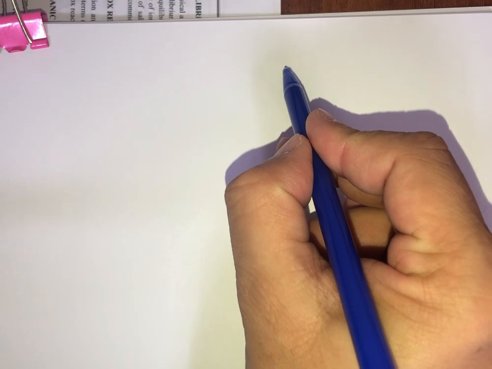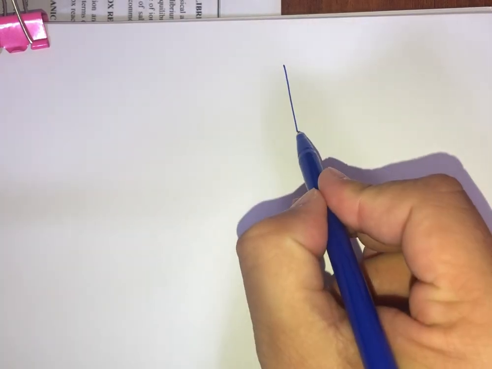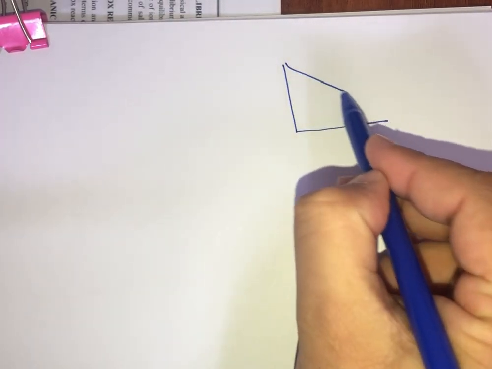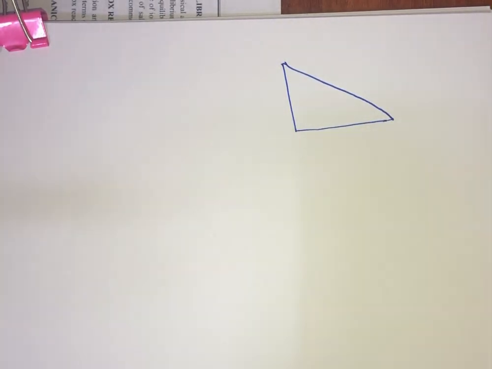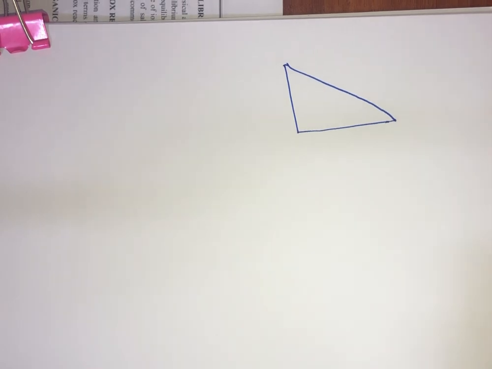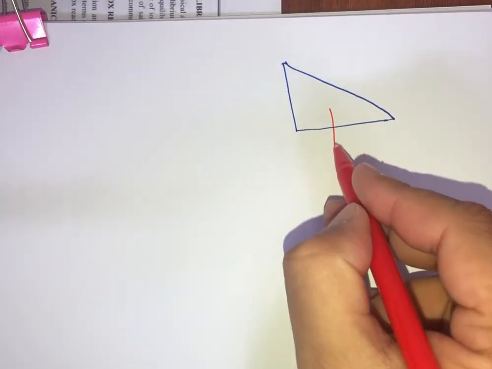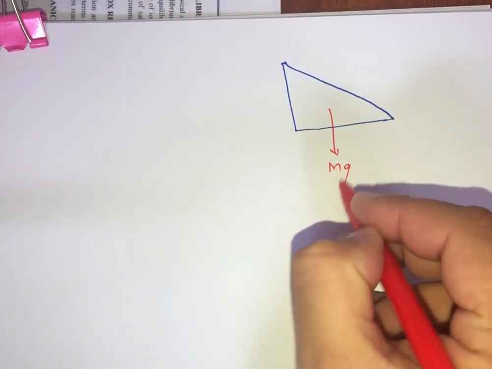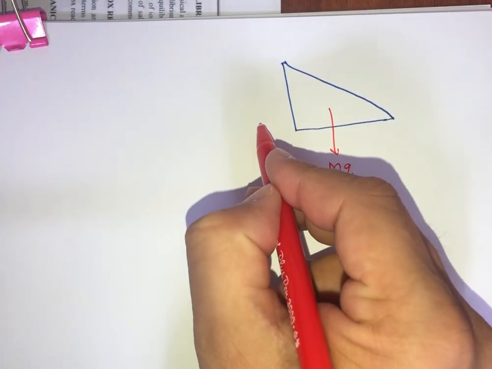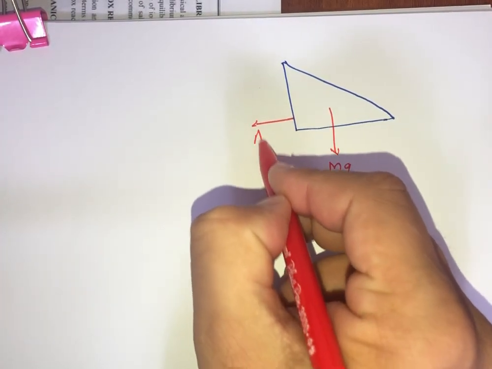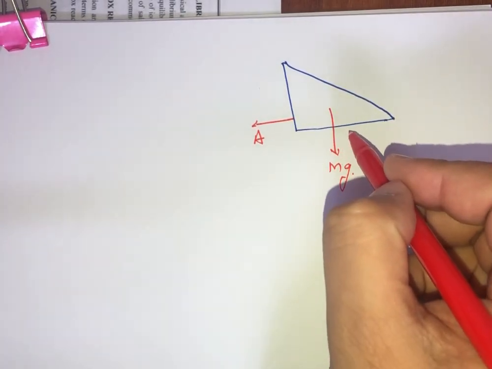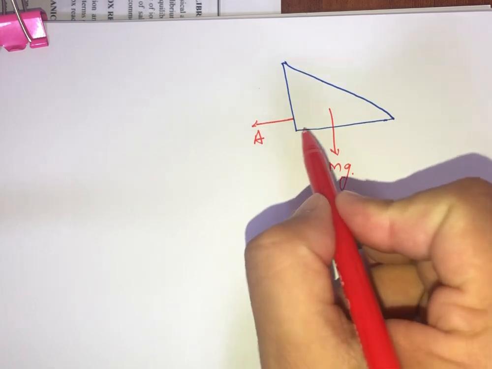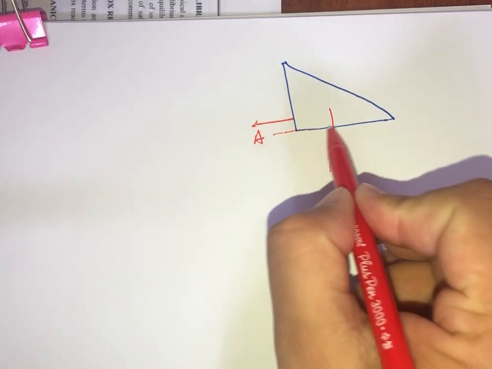So for capital M, first of all there will be capital Mg acting in the downward direction, and we have acceleration A in this direction. There will be a normal acting because of the surface of contact, as it is in contact with the surface.